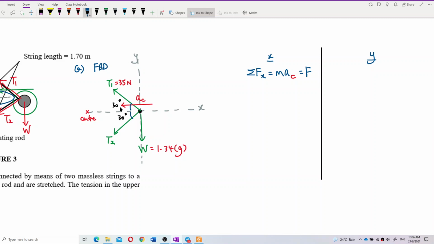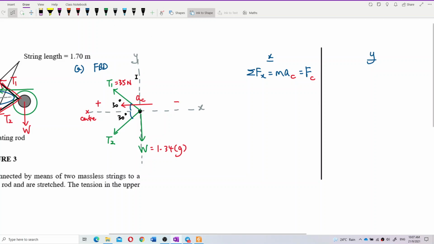It's also the centripetal force actually. For Newton's second law, we always compare with acceleration. Forces in the same direction as acceleration are positive. Opposite to acceleration is negative.